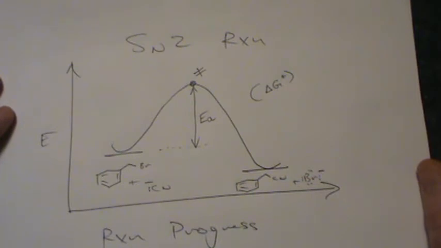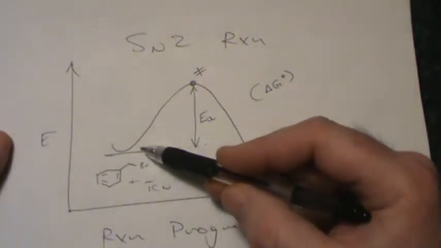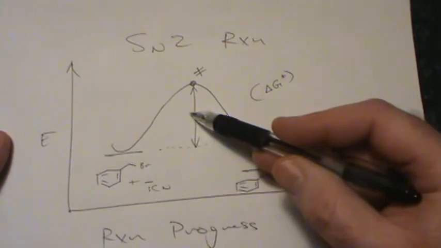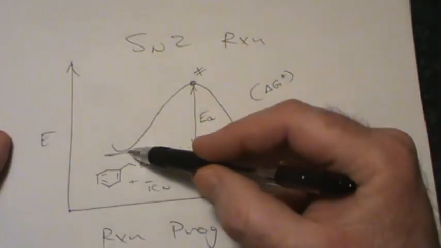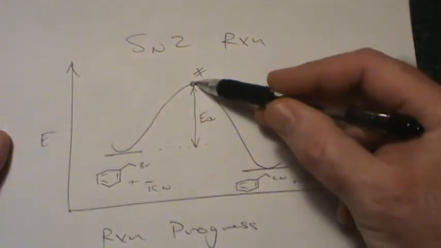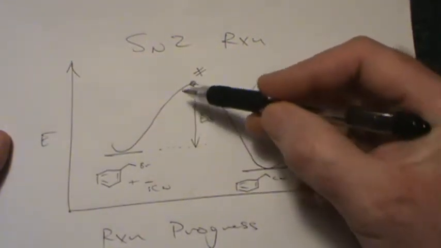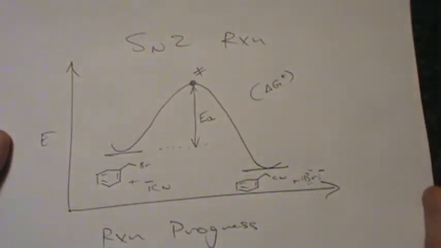So if we say that this is a very fast reaction, one of two things must be happening. Either the reactants are sitting at unusually high energy, which would make this activation energy smaller. So that's one possibility. We bump up the energy of the reactants, keeping the transition state energy the same, and now the difference between reactant and transition state would get smaller.